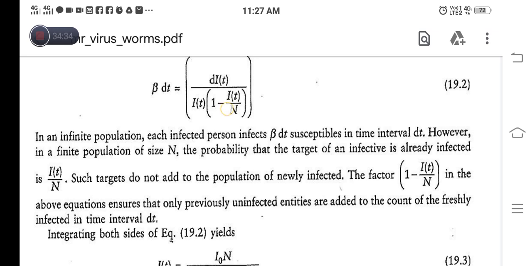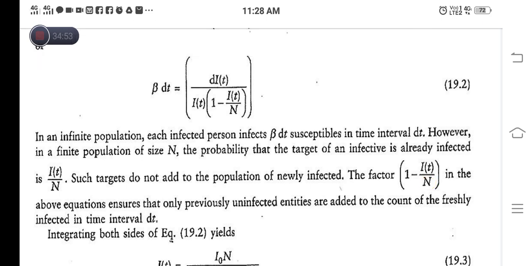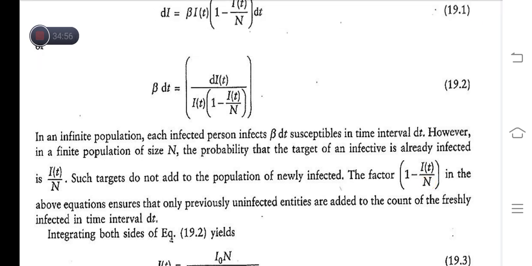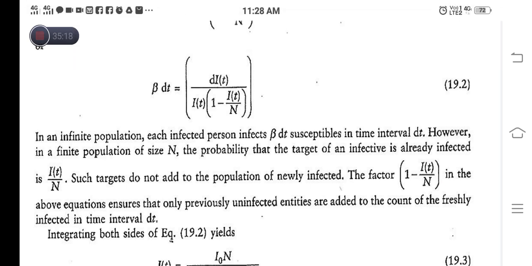That's the probability: from the total of 1, we subtract the already existing infected people, because we are going to find the number of susceptible entities who are going to become infected.